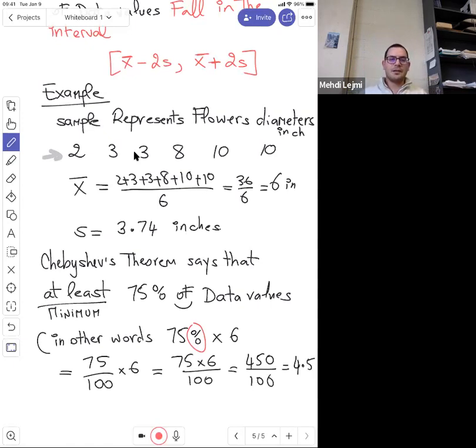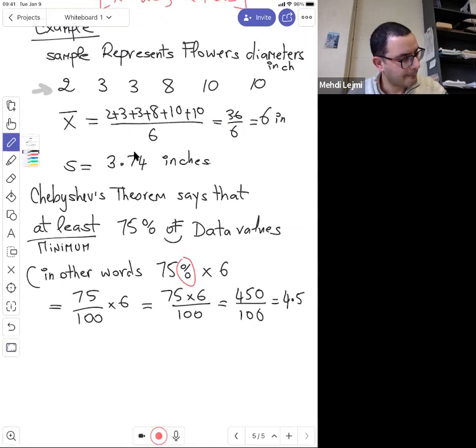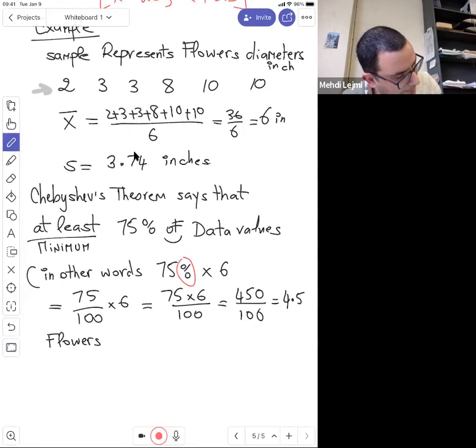So 75% of data values means 75% of your 6 flowers, so that's 4.5 flowers.